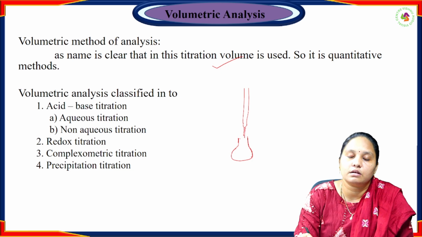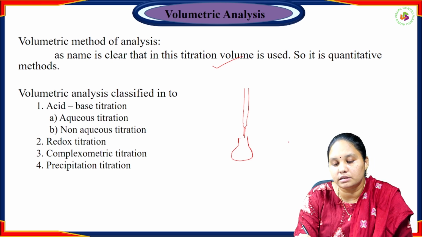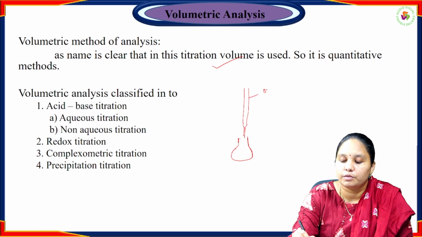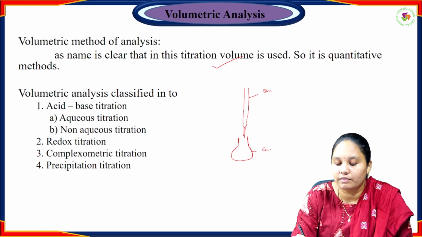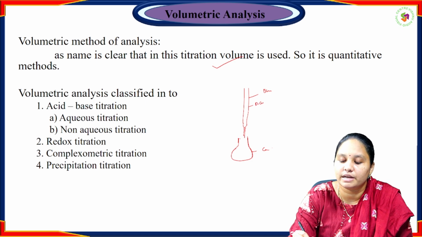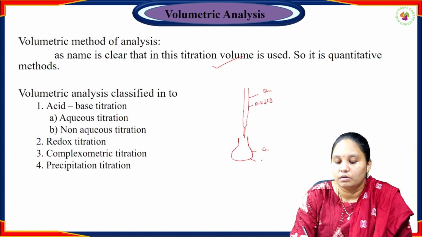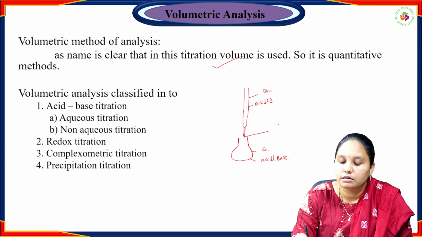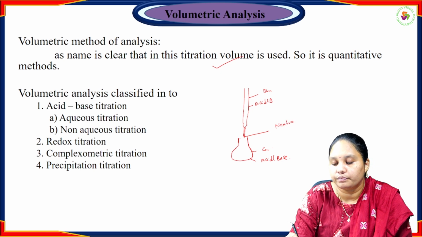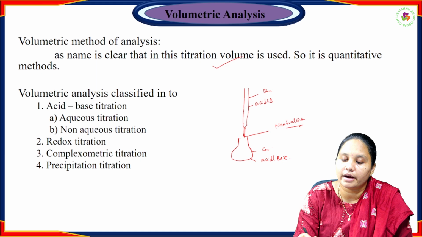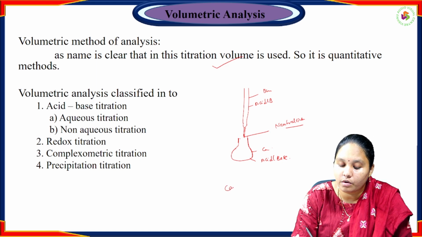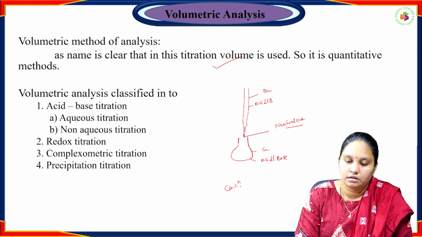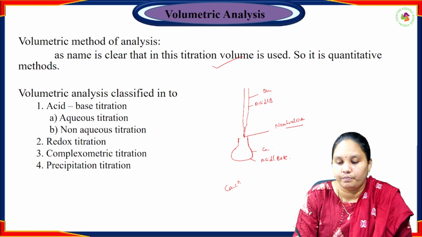Volumetric analysis is mainly called the titration method. In a titration method, one burette and a conical flask will be there. In the burette, acid or base will be present. In the conical flask also, acid or base will be present. By using neutralization as a principle, we can find out the concentration of that particular sample. That is a titration volume.